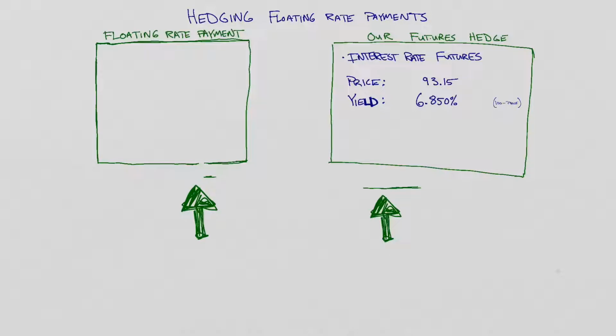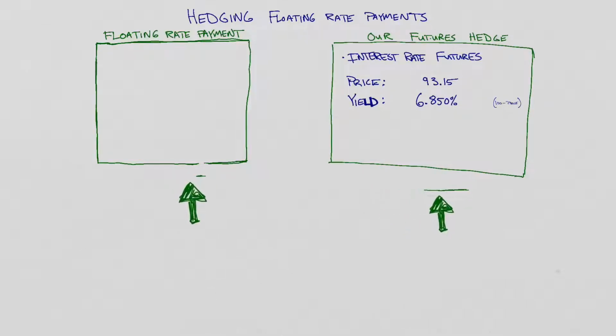This is the idea of hedging. The two net each other out here so that effectively, no matter what interest rates do, these things move in tandem with each other and offset each other exactly. And that's why I keep using the word effectively.